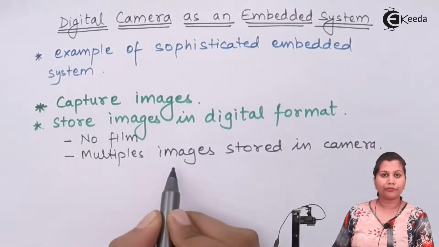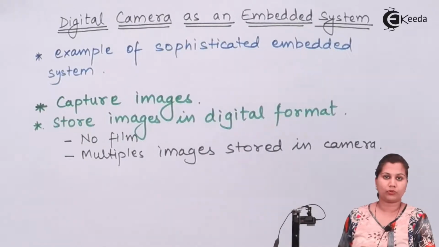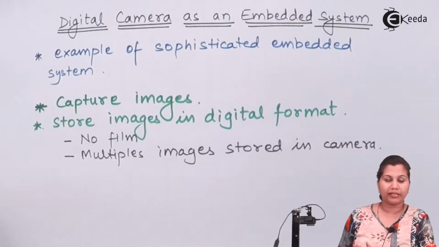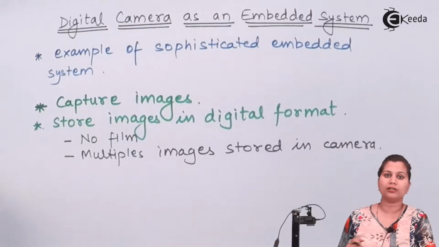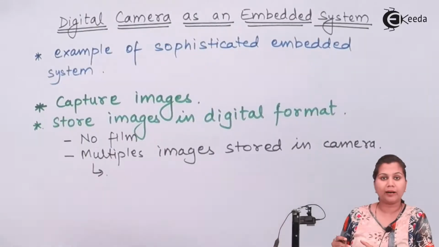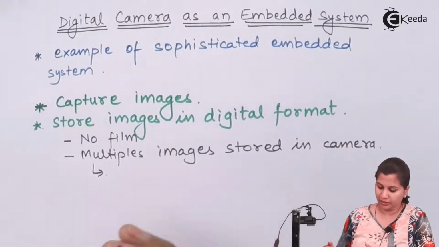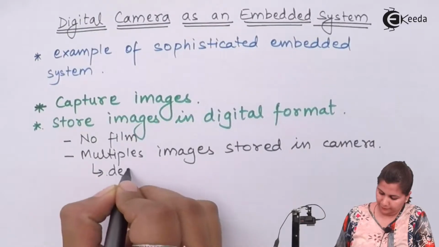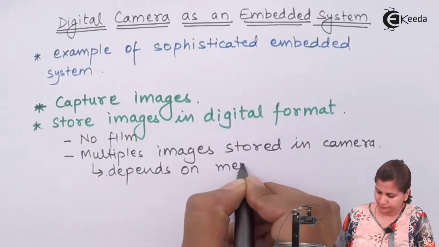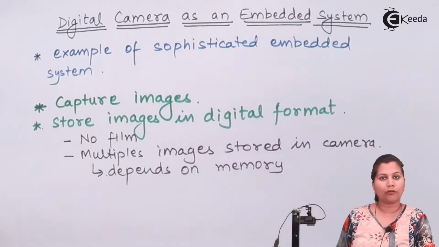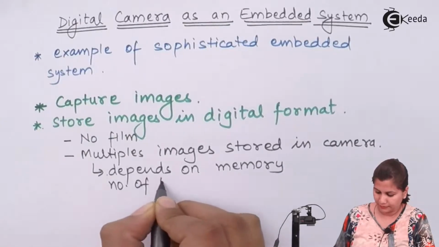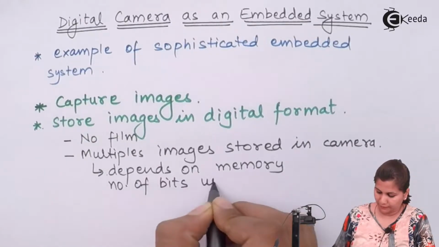The number of images stored in the camera depends upon the amount of memory of the camera and also the number of bits used per image.